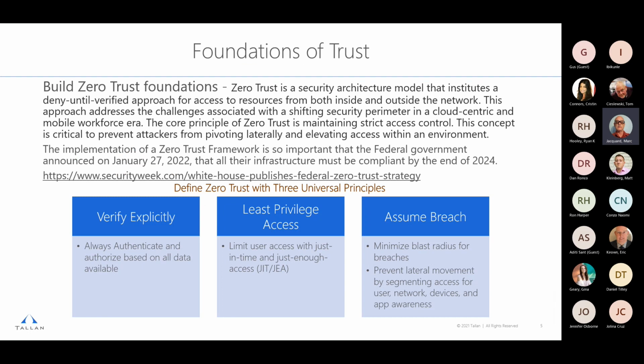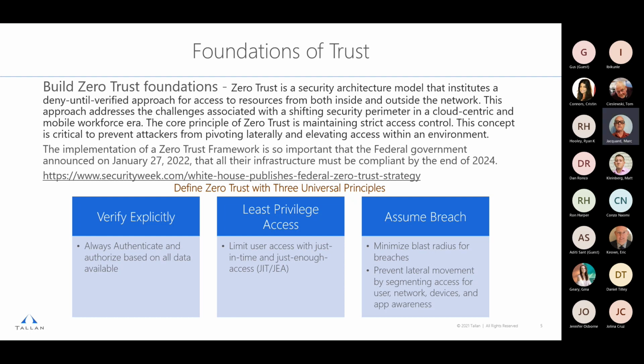So looking at building that foundation of trust. Again, zero trust is a security architecture model that really institutes a deny until verified approach for access to any resource inside and outside the firewall. It really addresses the challenges associated with shifting that methodology from securing the perimeter to a cloud-centric mobile workforce type environment.